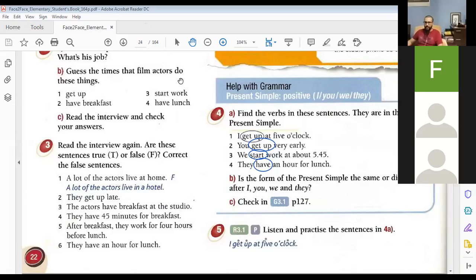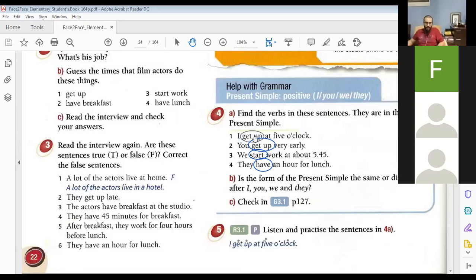Now there's a question. The question says, is the form of present simple the same or different after I, you, we, they? So let's take a look. The verb, is it the same form, or did we change? Yes, the same. No difference, right? We didn't add s or make any changes to the verbs.